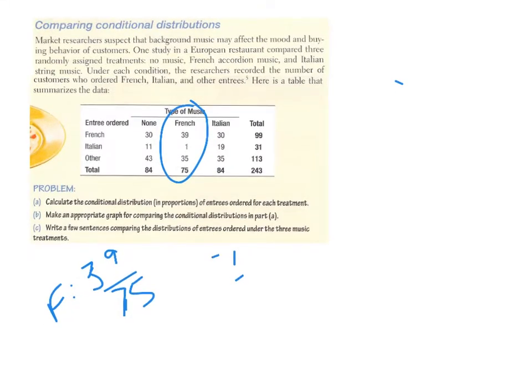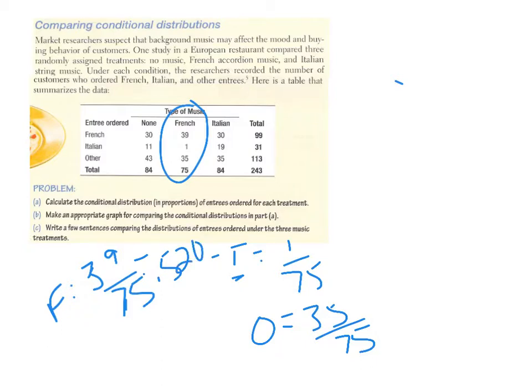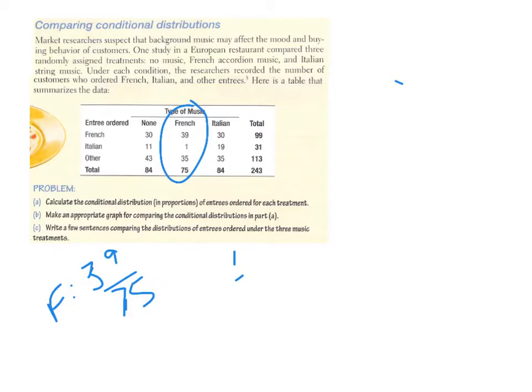Italian, it's only 1 out of 75 entrees, and other is 35 out of 75 entrees. And so these give us proportions of 0.520, of 0.013, and 0.467.